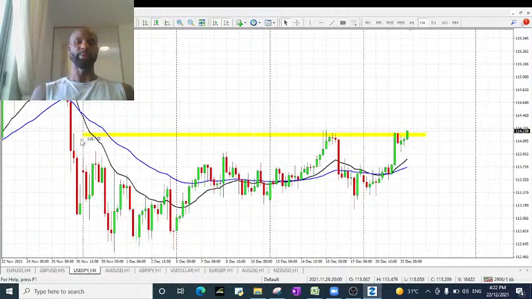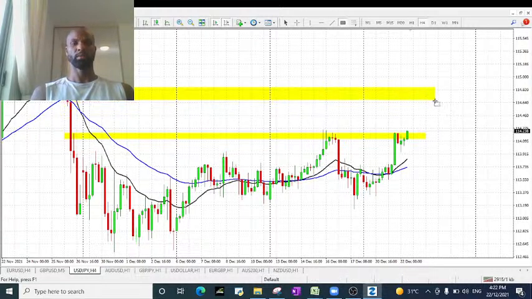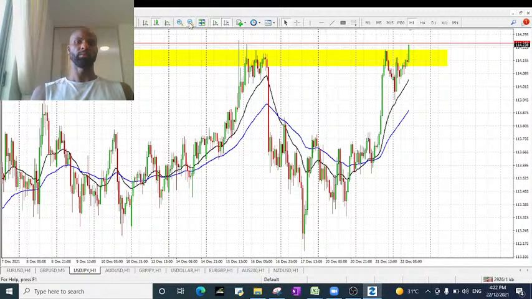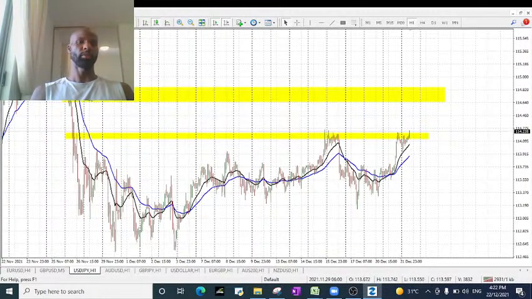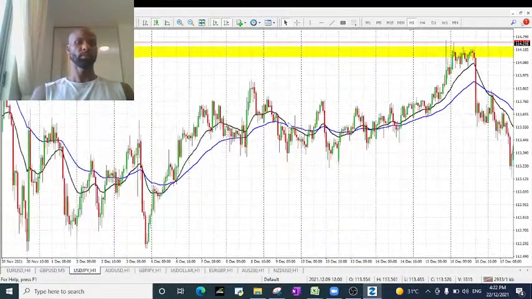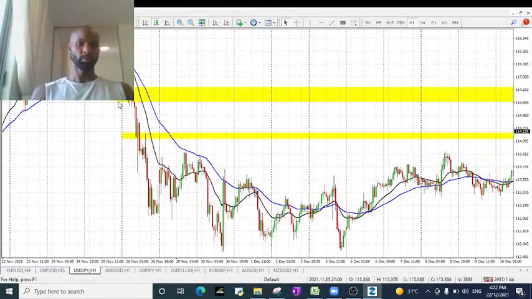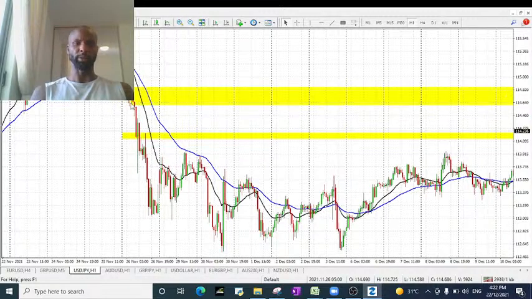Man, once this zone breaks, no resistance anywhere in sight until maybe somewhere here. So we might want to keep an eye on US dollar yen. Look at this. Nothing in sight until somewhere here.